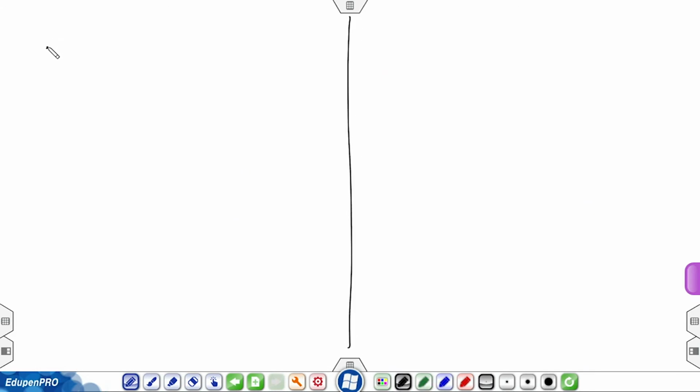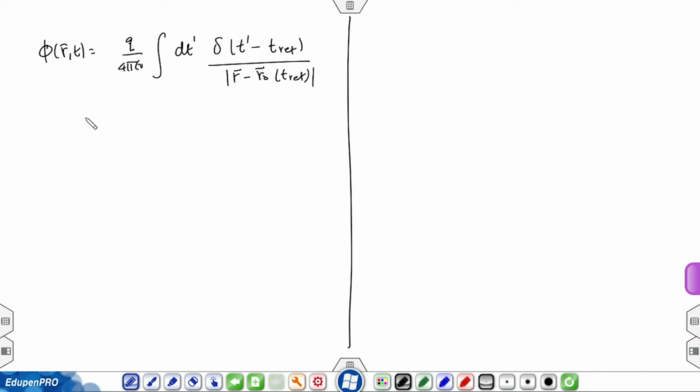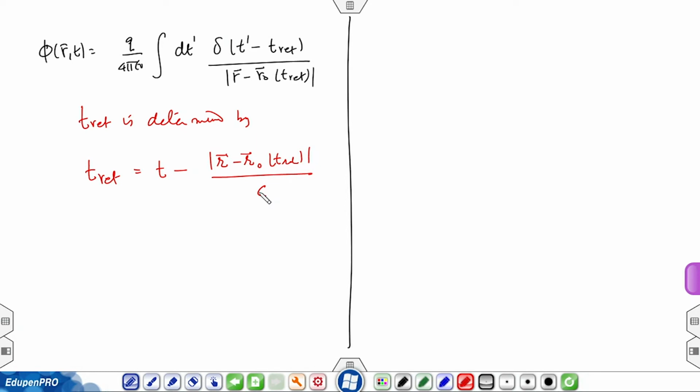So, what I have is phi(r, t) equals q over 4 pi epsilon 0 integral dt prime delta of (t prime minus t retarded) divided by |r minus r naught(t retarded)|, where t retarded is determined by t retarded equals t minus |r minus r naught at t retarded| divided by c, or this is determined by t prime minus t plus |r minus r naught(t prime)| divided by c being 0.